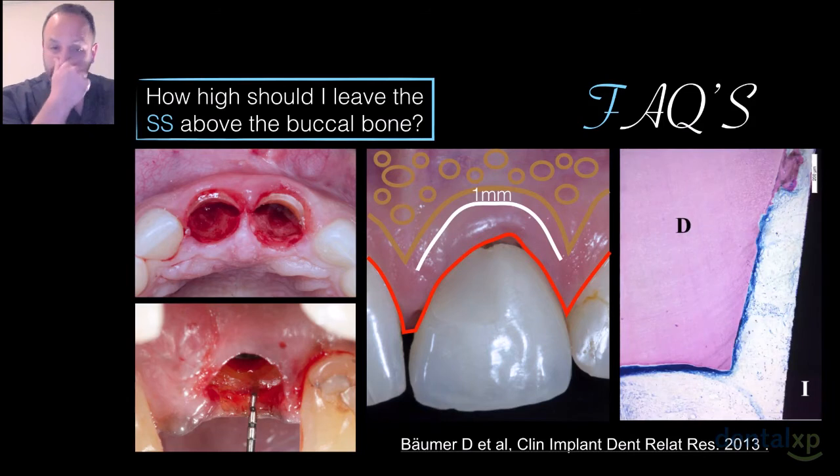And if we have a look at the Baumer study et al., you can see from the histology that what heals afterwards is that we actually get a long junctional epithelium forming over the root as well as against the implant, so that it actually covers it up and seals it nicely so that we don't really have a problem. This is a really great micrograph to show us what happens with the healing process and how well it actually manages and holds the socket shield.